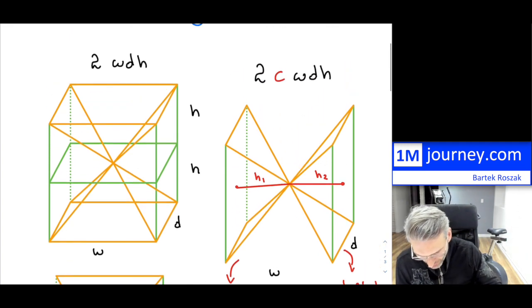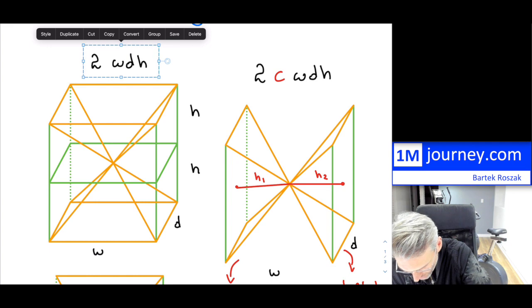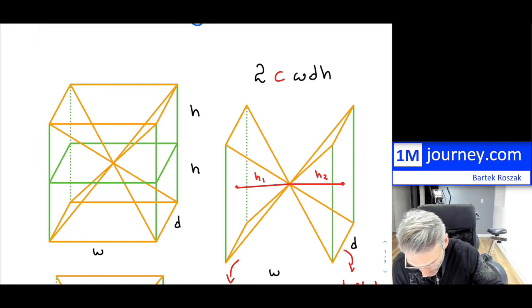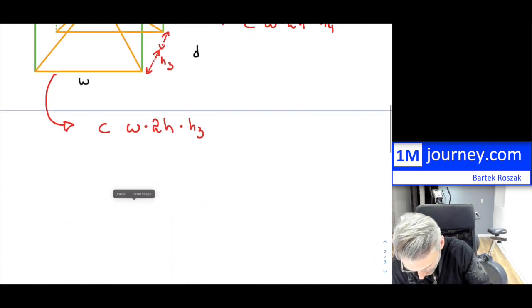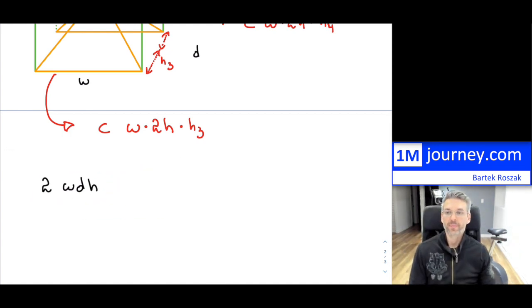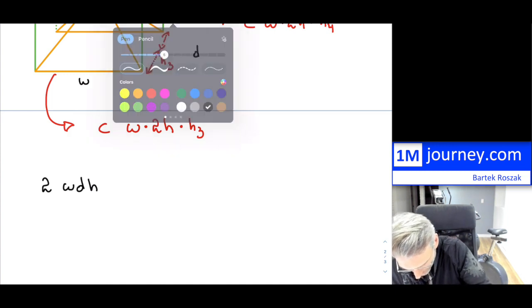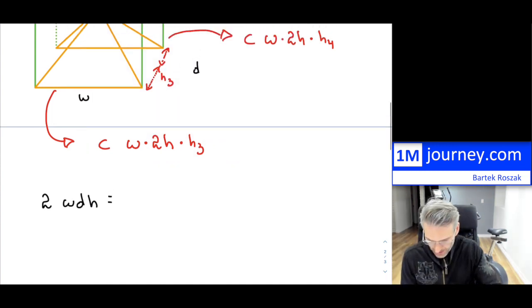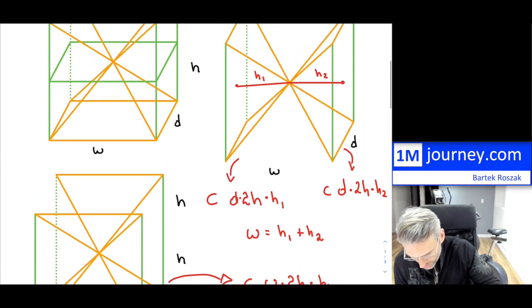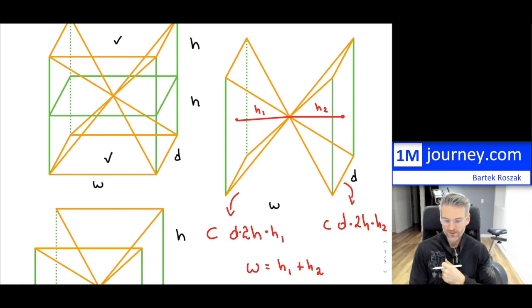Now this volume, which is of the entire prism, I'm going to just take it and bring it down here. That's the volume of the original prism, right? This is equal to the 2 original, so this is this one and this one right there.